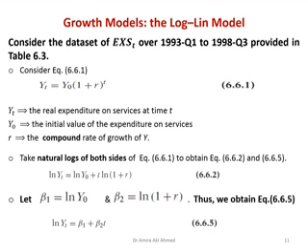Now we will consider the log linear model to find out the growth rate of personal consumption expenditure on services over the period starting from the first quarter of 1993 to the third quarter of 1998. That is the dataset of table 6.3 we have just considered.